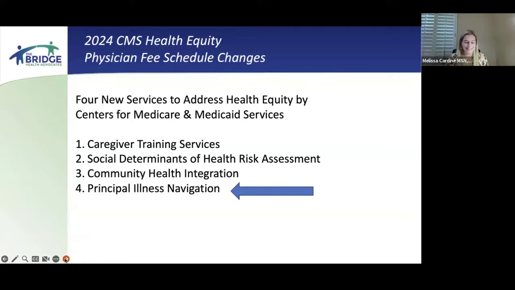We are going to address community health integration too, and social determinants of health we'll touch on with that. And if caregiver training services is something you're interested in, we can look into that too. But right now we have planned to address number 3 and 4 in our series.